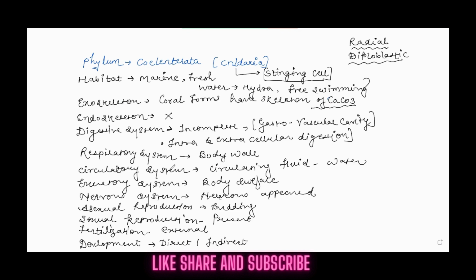Now, what is the unique feature or special characteristic of this group? So here we're going to discuss basically their name. The main point that we are going to discuss: the name is derived from cnidoblast, right?